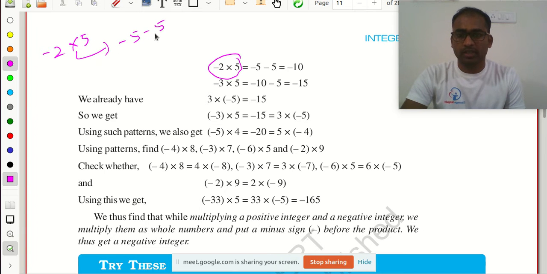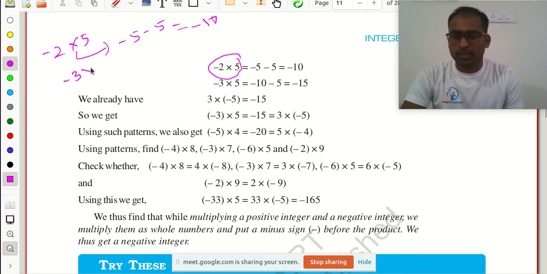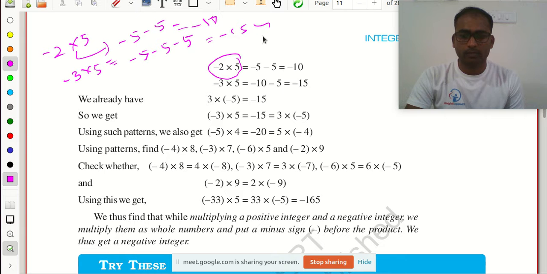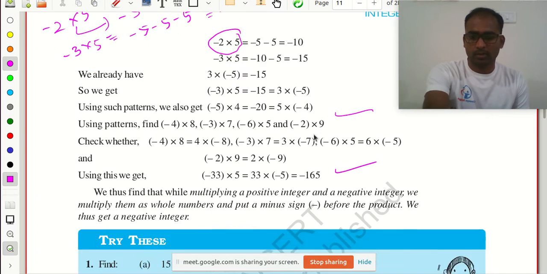So minus 5 and minus 5, so I will get how much? Minus 10. So minus 3 into 5, I can write this as minus 5, minus 5, minus 5. Yes, very good. Is this clear now? Yes. So like this, this is the way only.